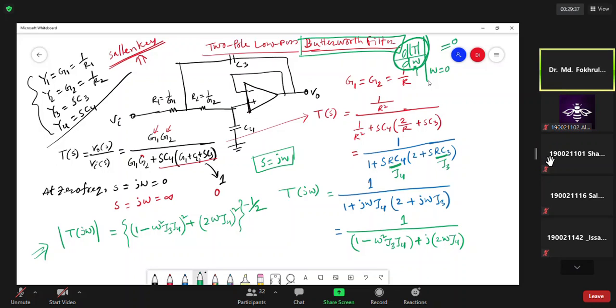This is the condition. So in order to satisfy this condition, we need to find this dT/dω. If we go to the other slide.